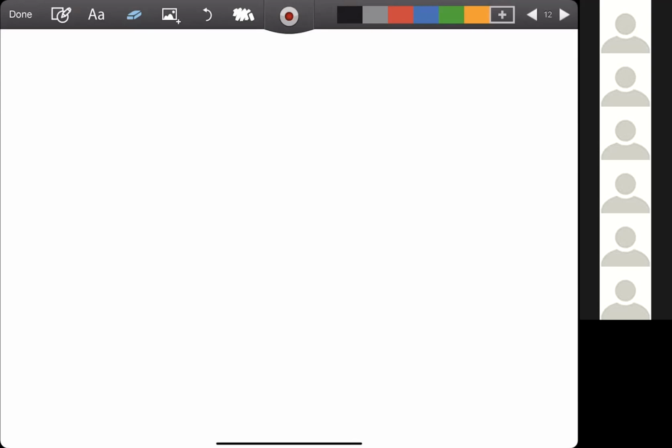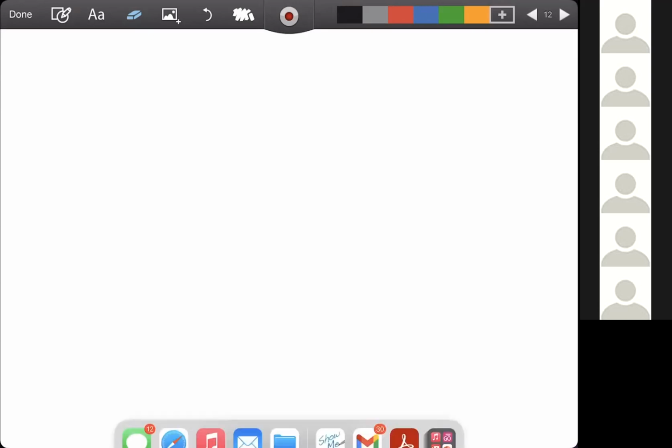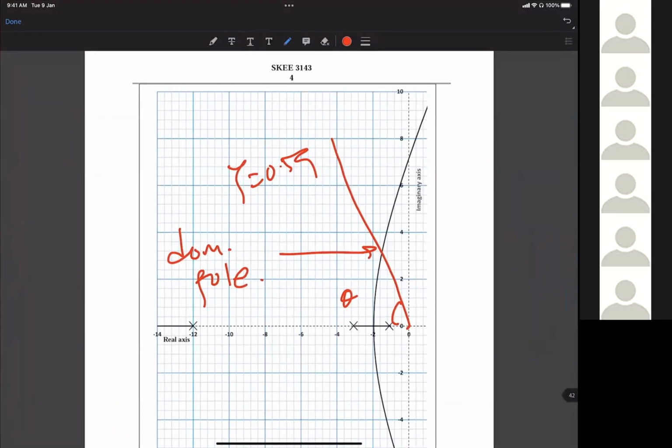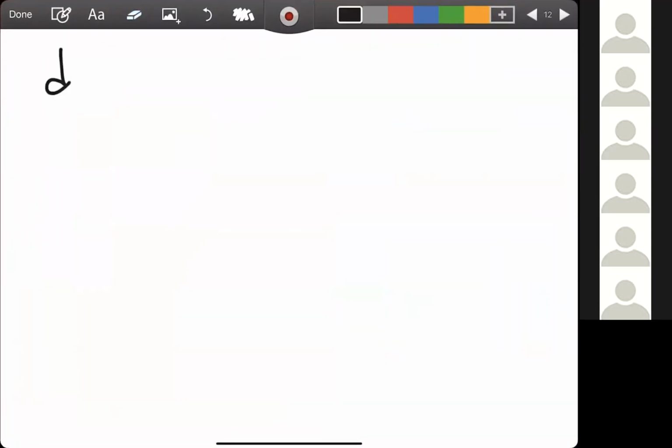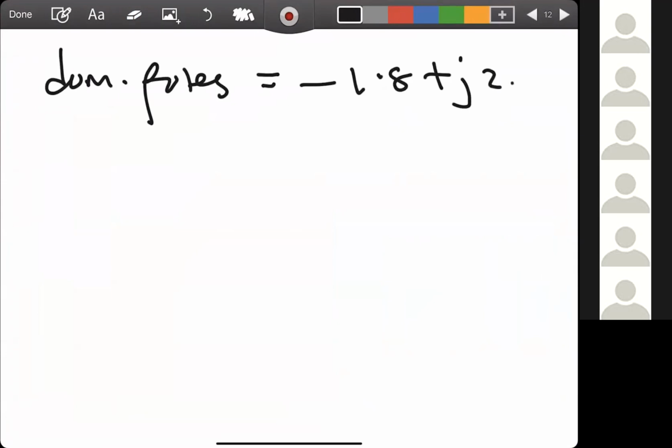Okay, so what is the dominant pole? If you print and then use the protractor, you get the dominant pole: minus 1.8 plus j 2.2. This is very important. If Michin got minus 1.85 plus j 2.2, and Nurul Atika got minus 1.7 plus j 2.0, also okay.